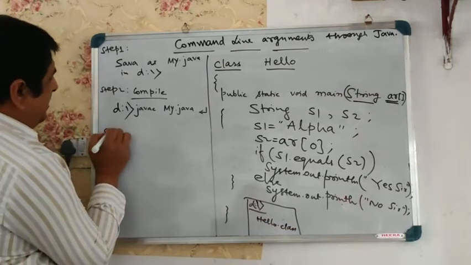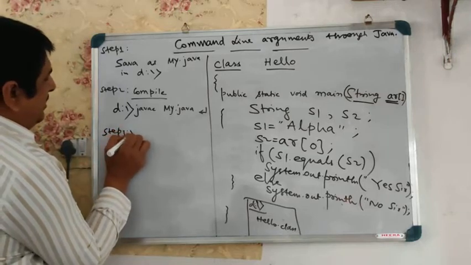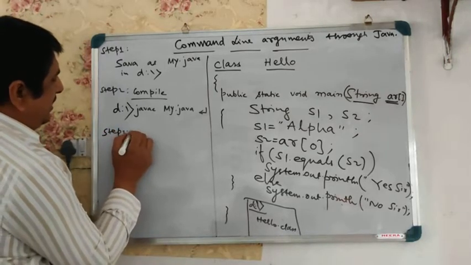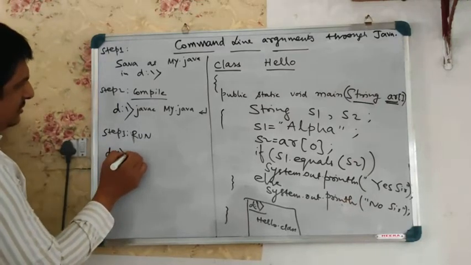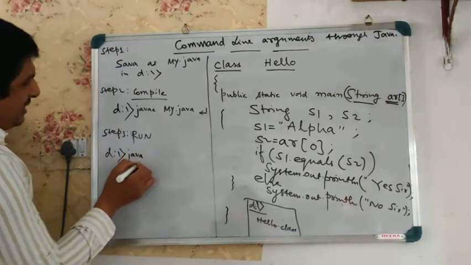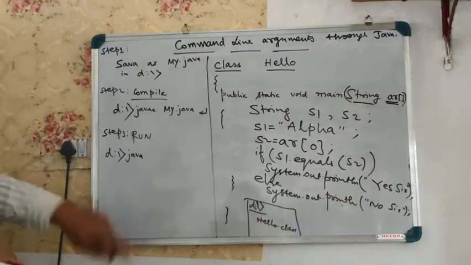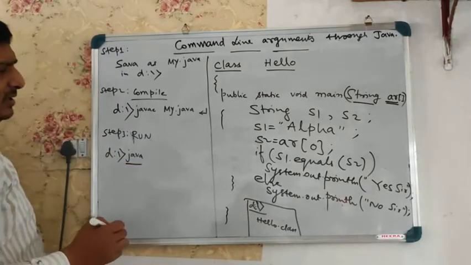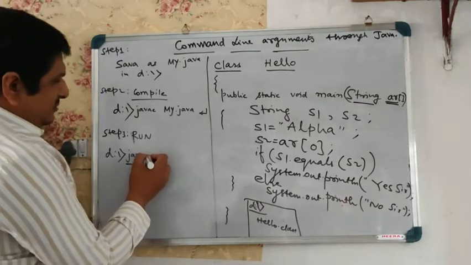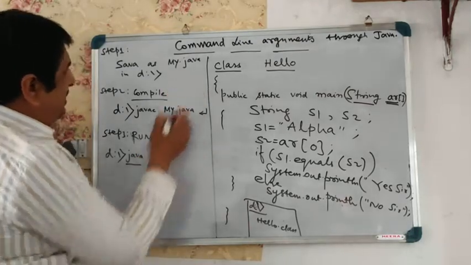Now step 3, run. We open the command prompt and write java. Last time we had MD, we had copy. Here my program is java. Then comes the name of the bytecode.